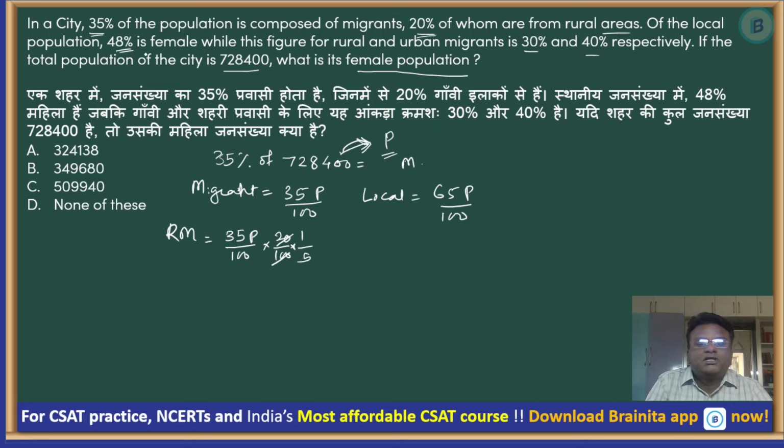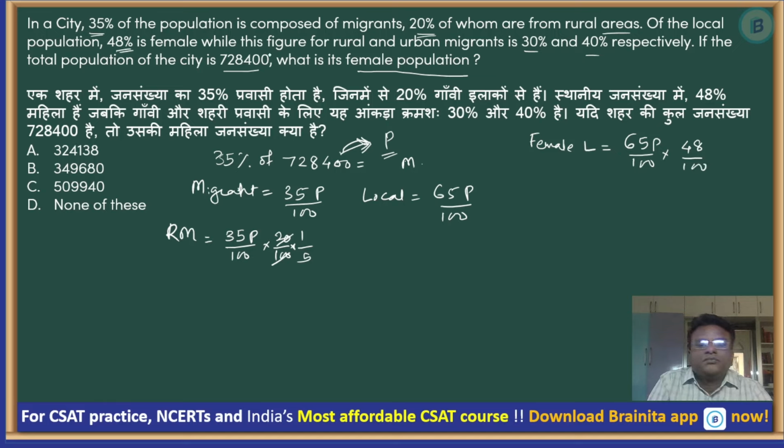Of the local population, 48% is female. So now let me start writing female here. Local female is 65P by 100 into 48 by 100.